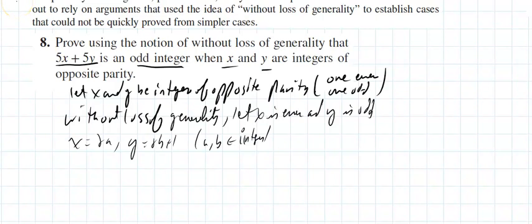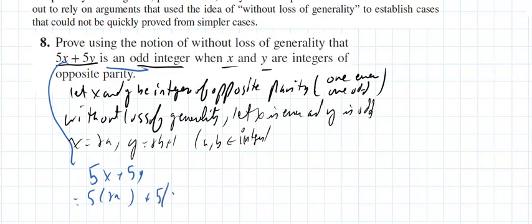So if I take now what they have, they say without loss of generality, using that this is an odd integer if x and y have opposite parity. Well, let's see. 5x plus 5y. x would be 2a and y would be 2b plus 1.